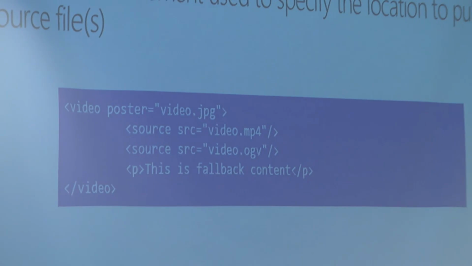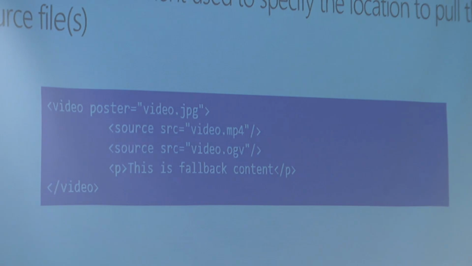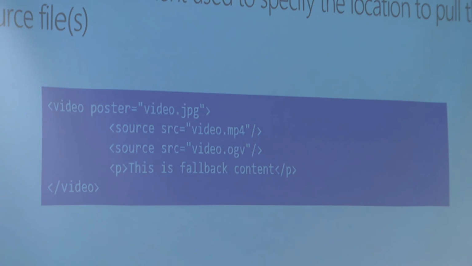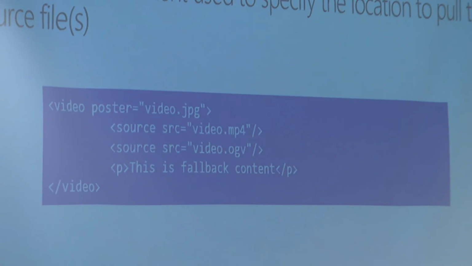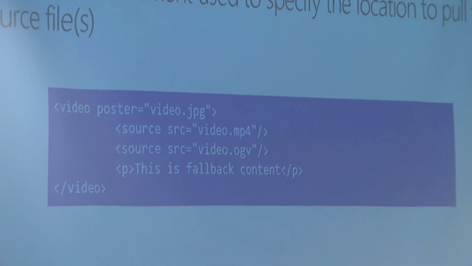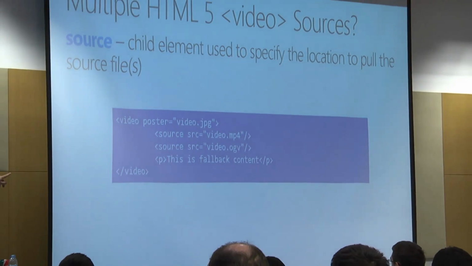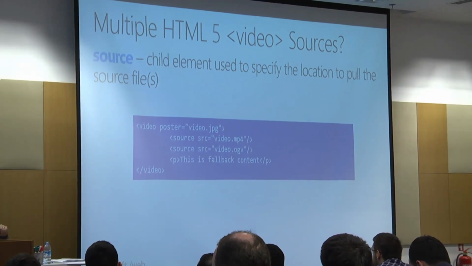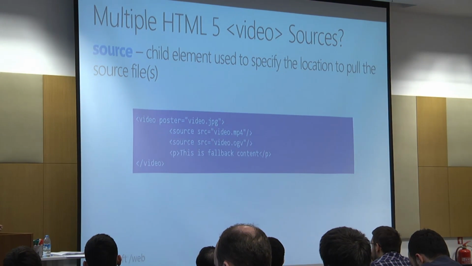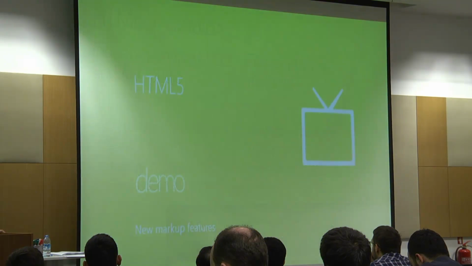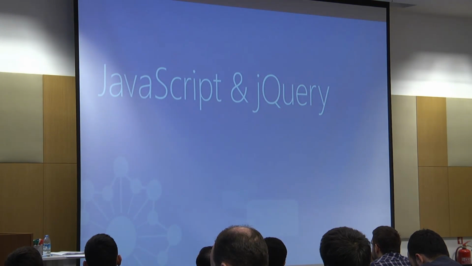Firefox, because it's completely open source, will only use codecs that are open source, and vice versa. So MP4 seems to be the most widely supported. But often you'll want to include multiple source types, and then include that fallback. Audio is the same. I think we've seen some demos.